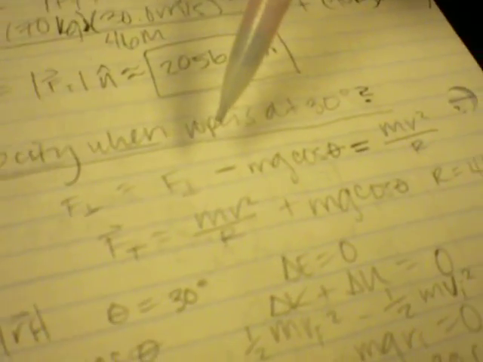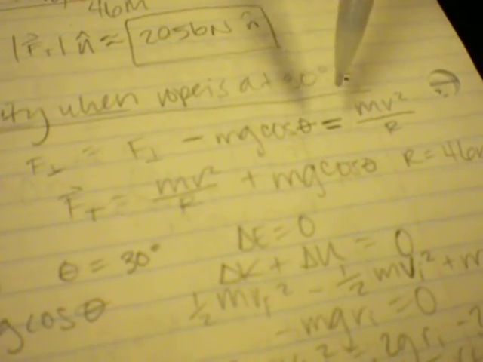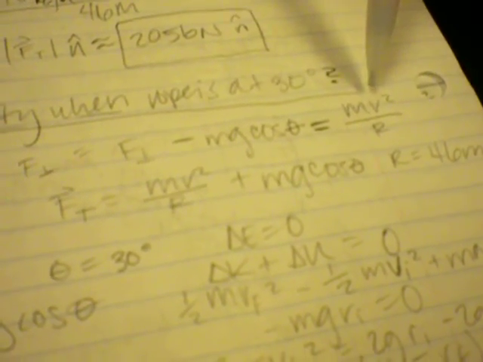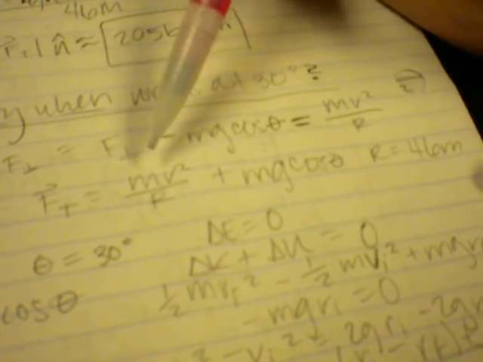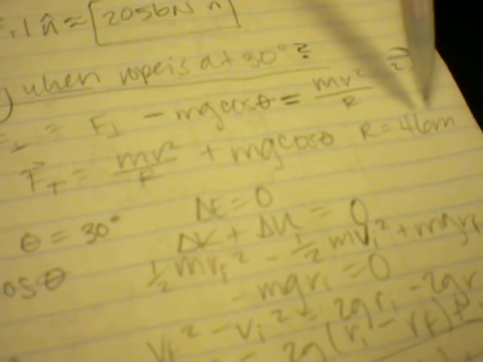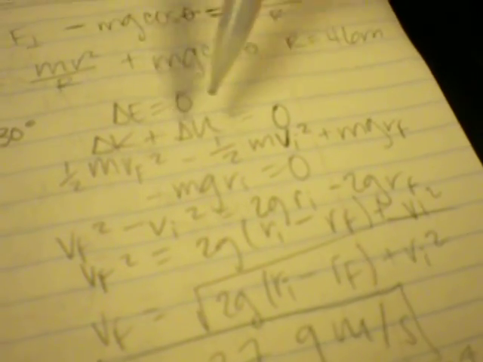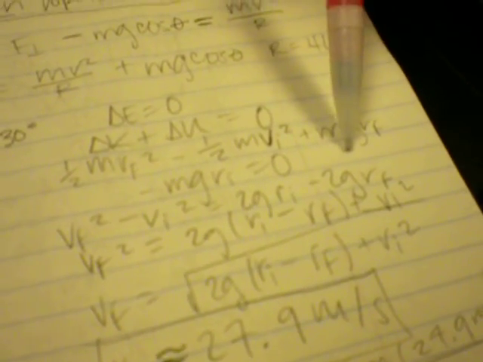And then F perpendicular is equal to F tension minus mg cosine theta, which is equal to mv squared over r. And F tension is equal to mv squared over r plus mg cosine theta, and we know that r is 46 meters, and so delta E is equal to 0, and so you can solve for the final velocity using the fact that delta K plus delta U is equal to 0, and then from there, our final velocity would be approximately 27.9 meters per second.